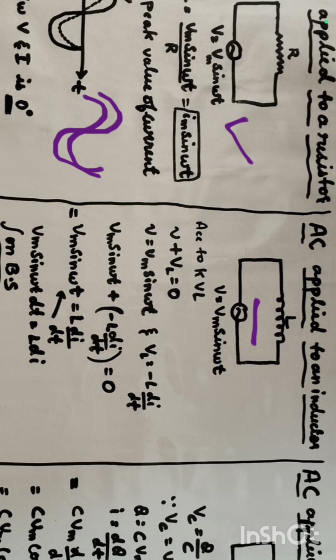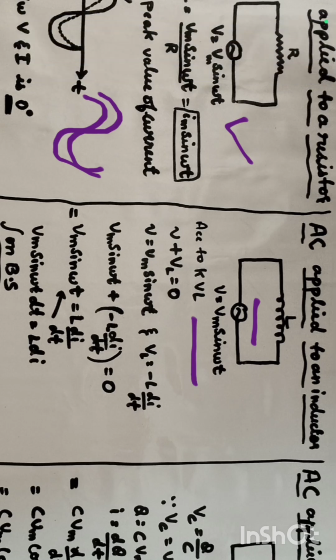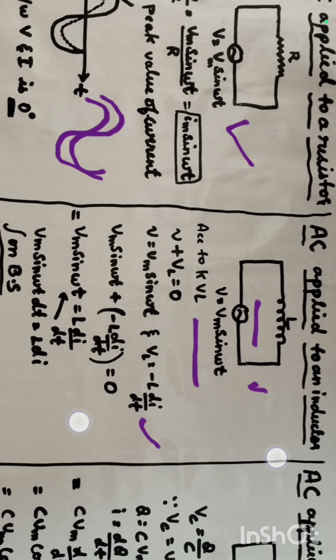So we know the voltage is possessed by the AC source as well as the inductor. From the AC source, the voltage is V equal to Vm sin omega t. From the inductor, VL we have to find out. From Lenz's law, we know that VL is equal to minus L di by dt.